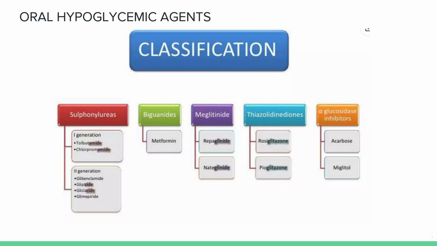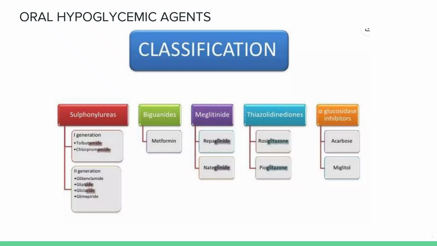And the others include alpha glucosidase inhibitors, DPP4 inhibitors, then SGLT inhibitors. Like these, inhibitors can be used for oral hypoglycemic action, but the most common and important classes belong to the other four, that is sulfonylurea, biguanides, meglitinide and thiazolidinedione.